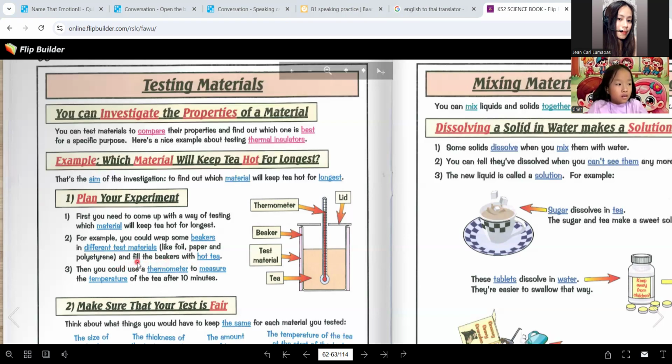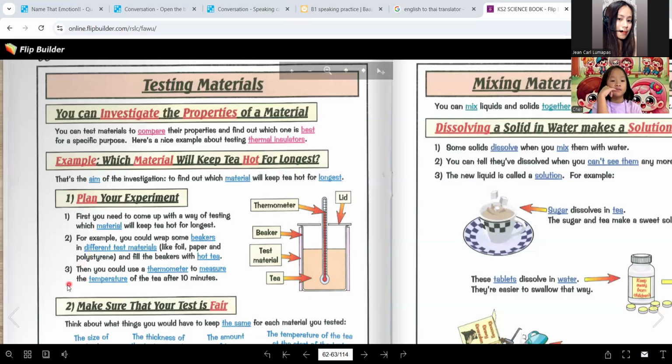And fill the beaker with hot tea. Good. Very good. Okay. So this is a beaker. The container, or it's like a glass. It's a beaker. Transparent glass is a beaker.